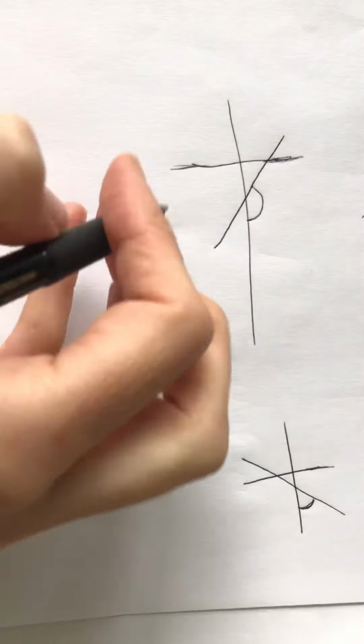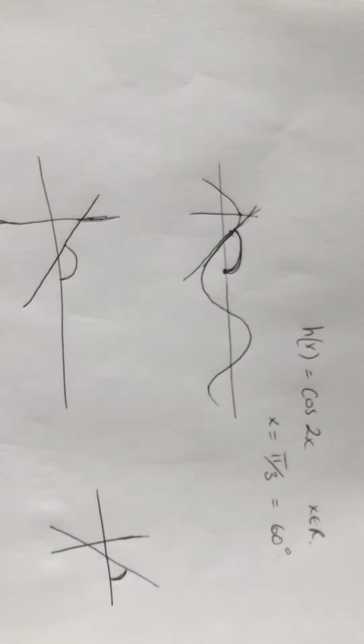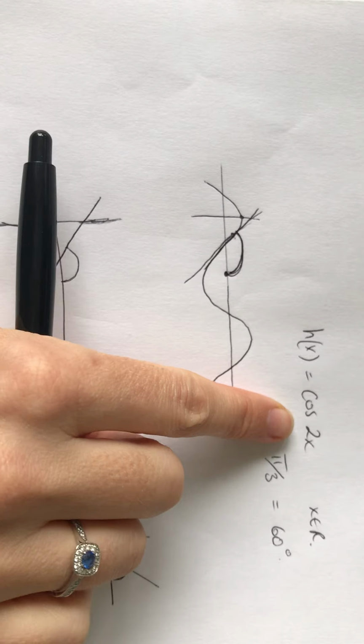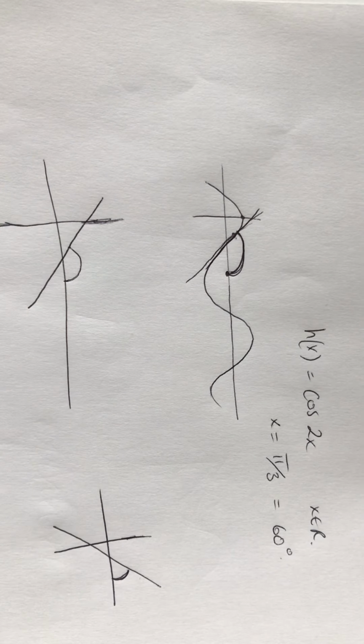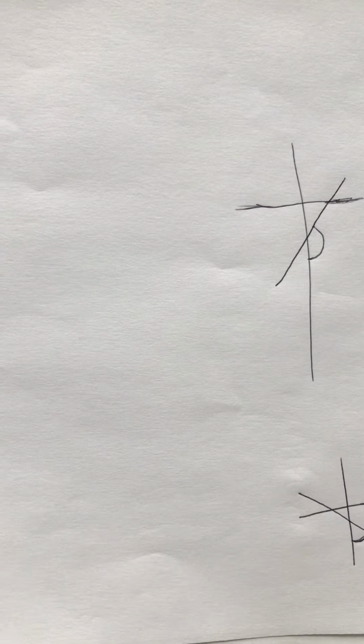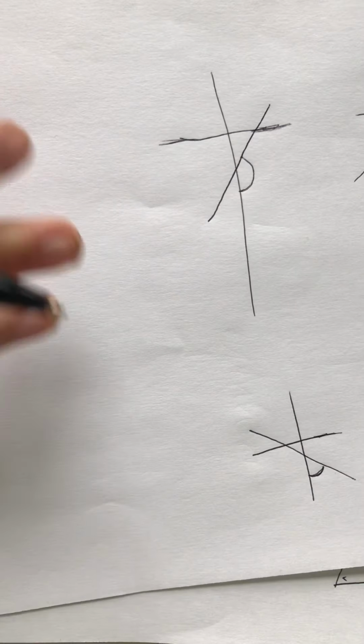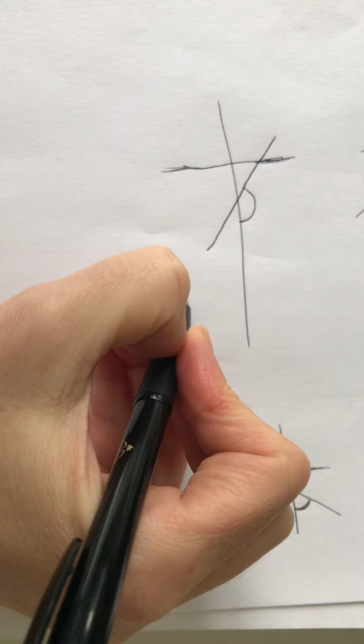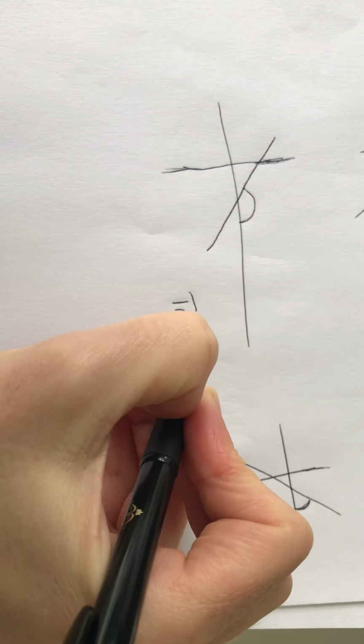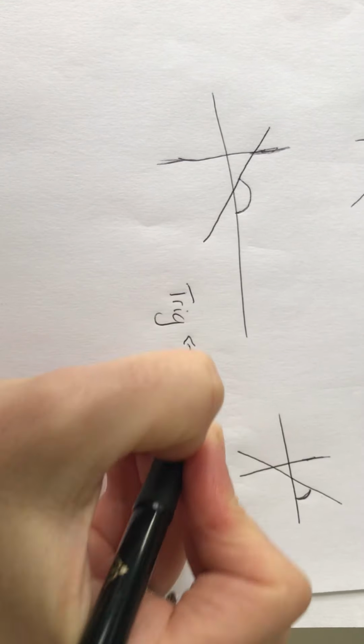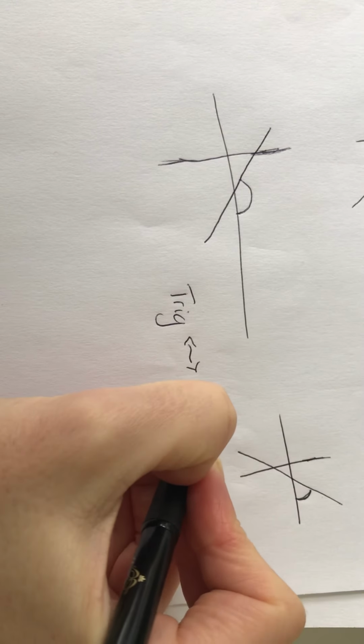Right, so what are we doing? We have the formula for the function. If we're looking for the angle, the thing that I know to do with angles, that sounds like a link between trigonometry and functions.